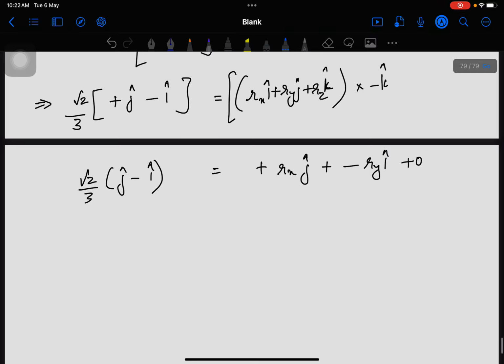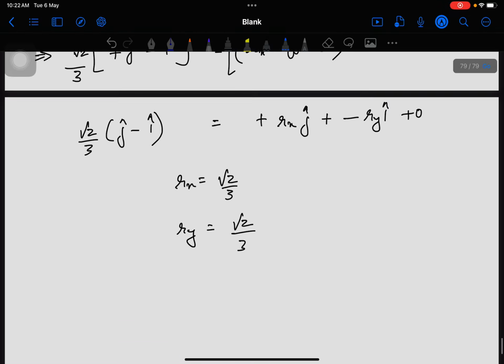So if you just compare, rx is equal to how much? Compare the j cap coefficients: root 2 by 3. And ry, if you compare the i cap coefficients, is also root 2 by 3. Now what you want to find out is the rz value.